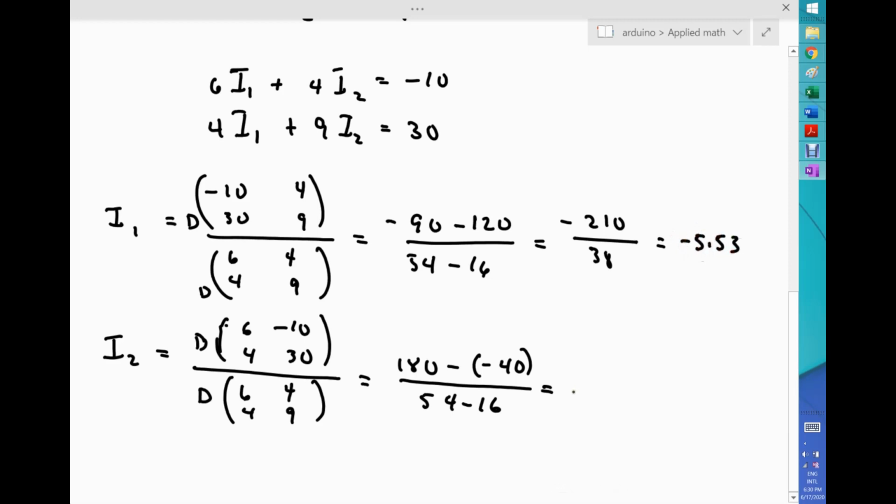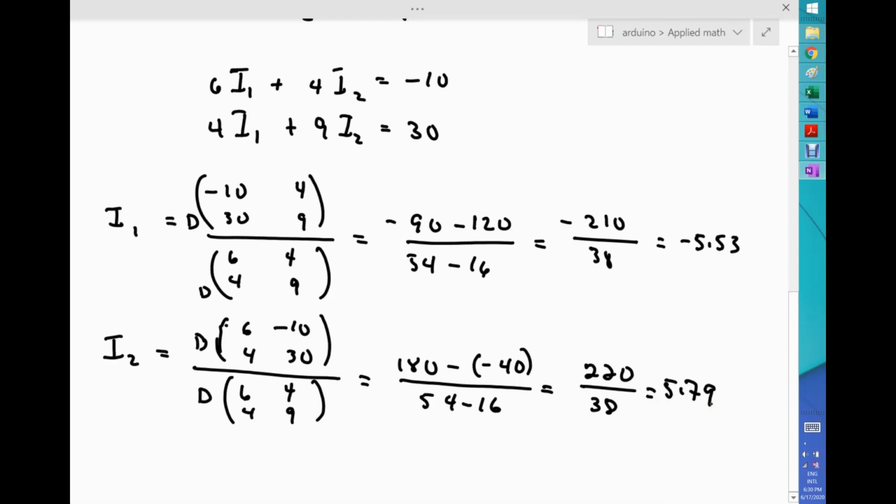How about this one? That's minus minus as a positive. So there is basically 220 positive divided by 38. That's 5.79. That's it. So now we got the currents.